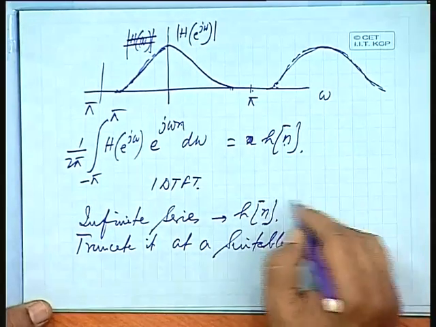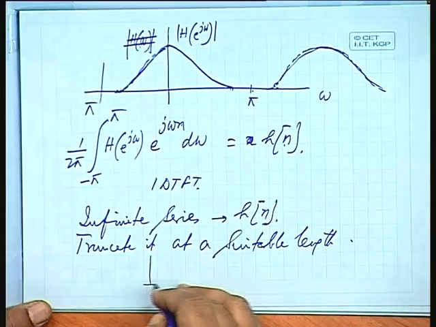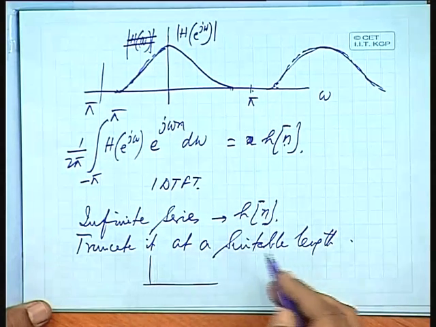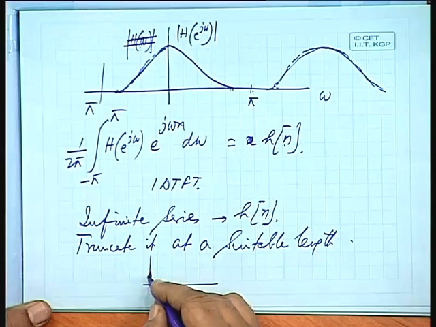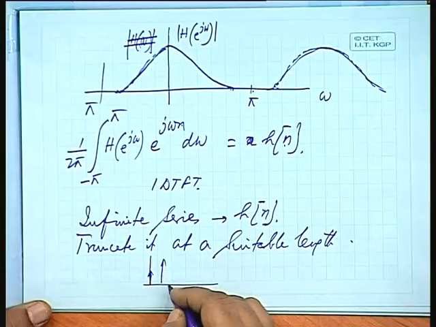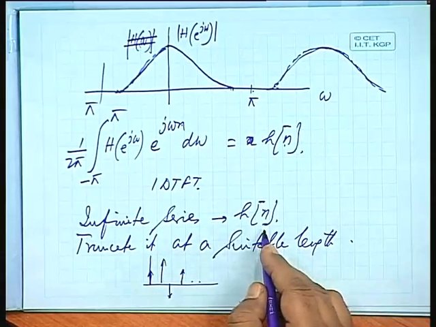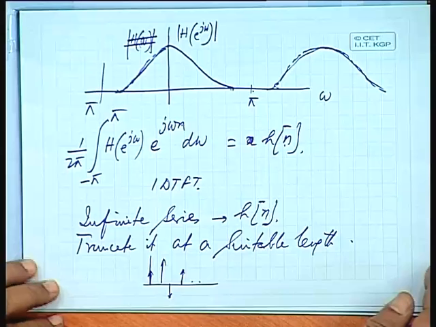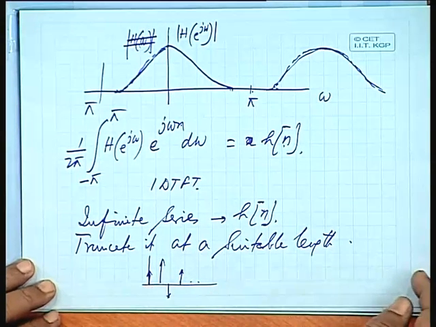So, suppose by doing this you get a sequence h0, h1, h2 like this. Integrating h n from minus n to plus n, will it be symmetric? You cannot say. Okay. Let us see what it will be like.